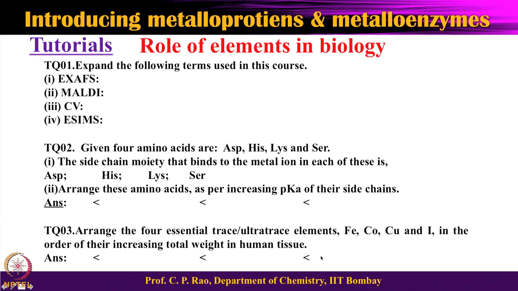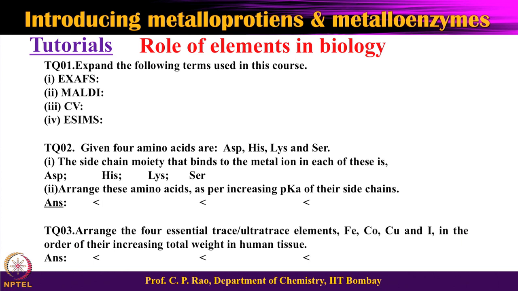Iron will be the highest among all these, followed by copper, and then cobalt. You can look at the actual values. You do not need to worry about what I say in this particular tutorial. This is just to warm you up with the kind of questions that would come later on.